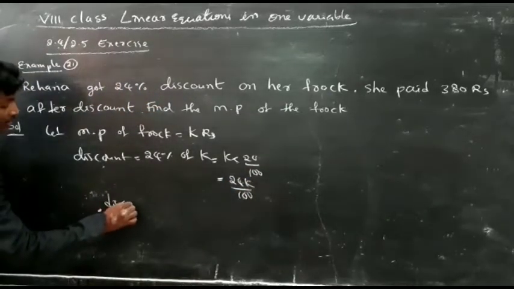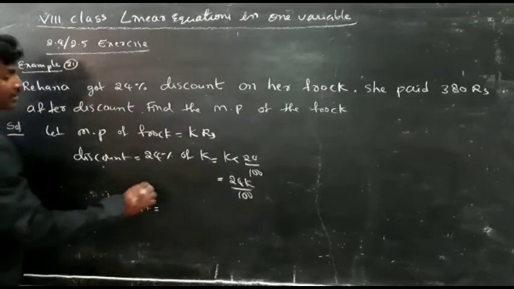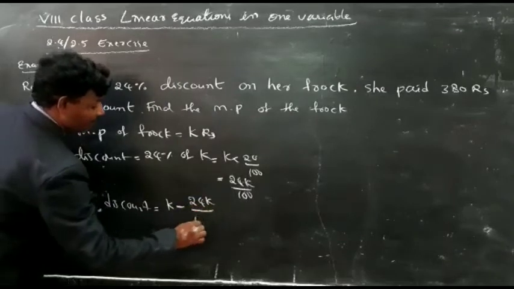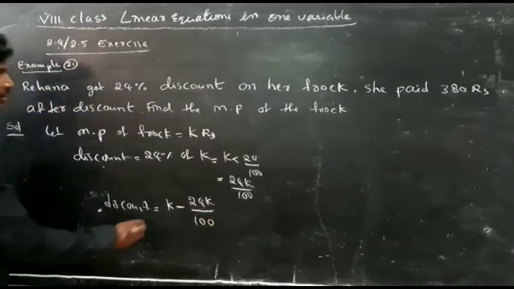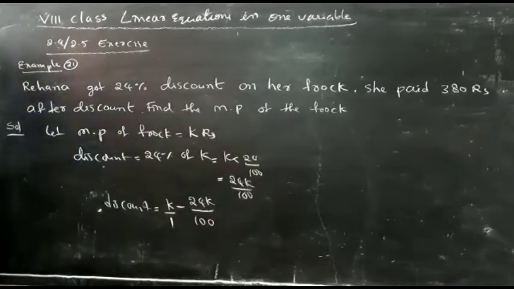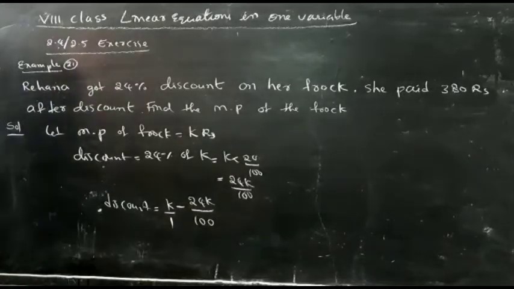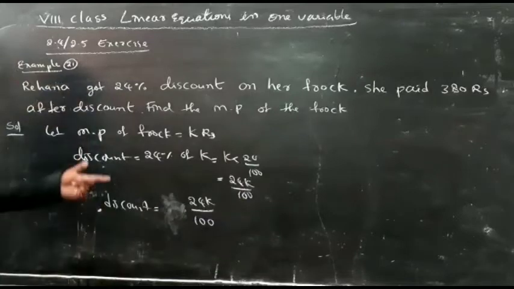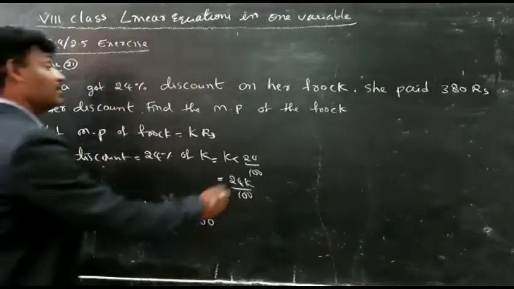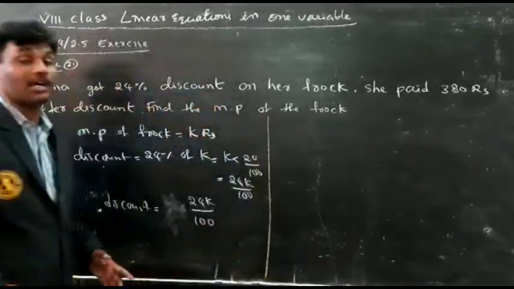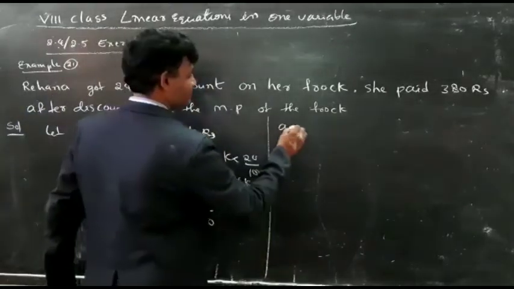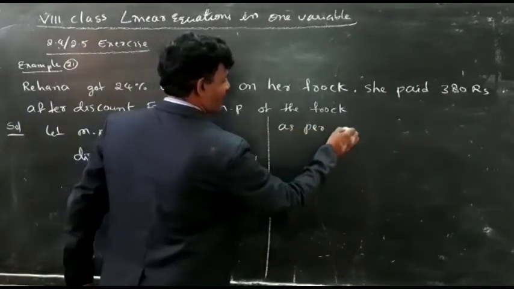Now the price after discount is equal to K minus 24K by 100. Here the LCM is 100. So after the discount, what she paid? 380 rupees as per the given.